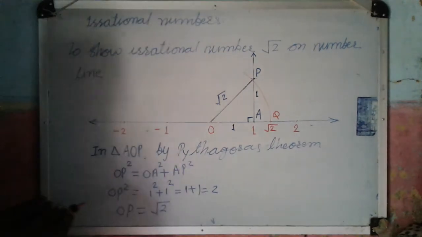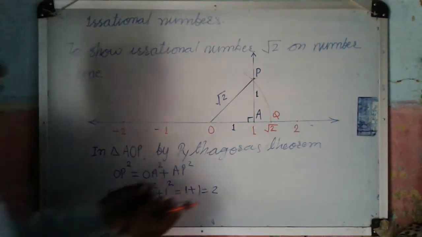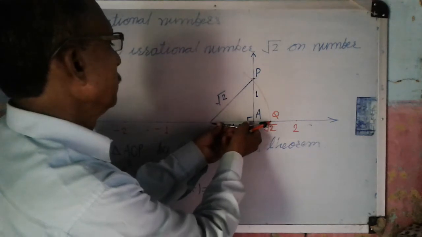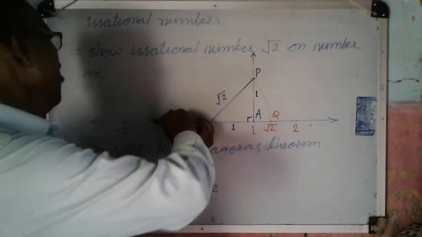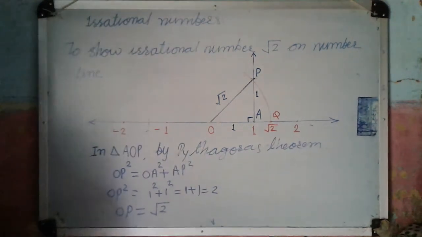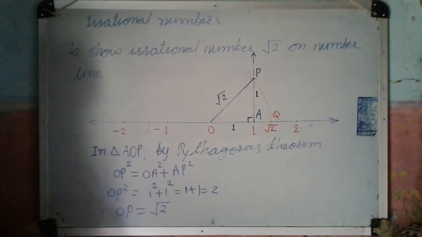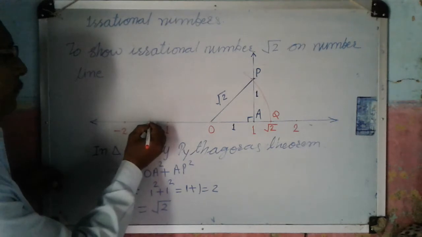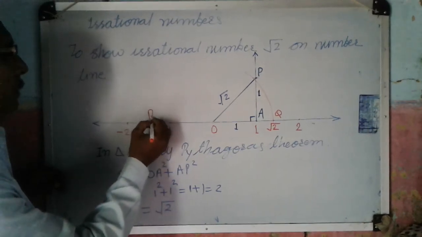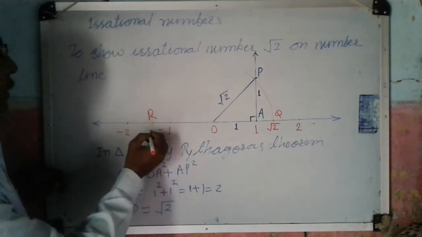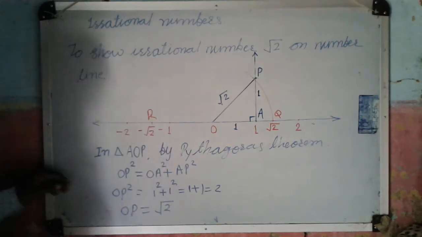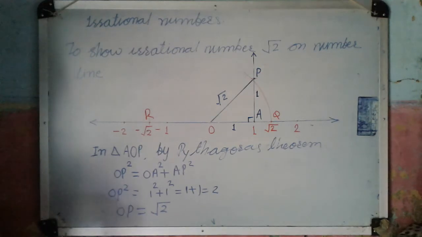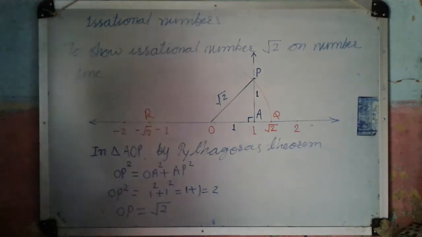So therefore we can take the same distance here on the left of 0. So here is suppose point R, and coordinate of this point R is minus root 2. In this way, we can show the irrational numbers on number line.